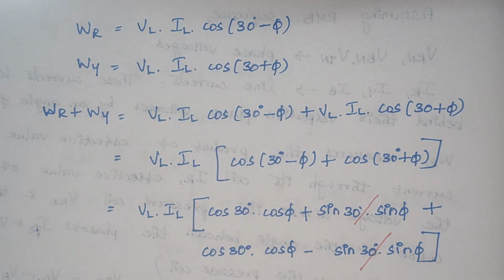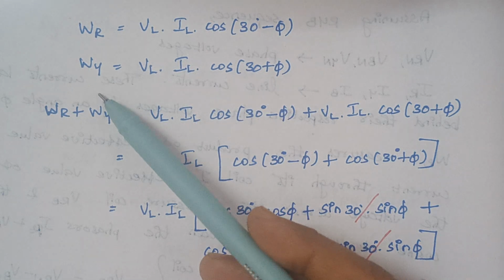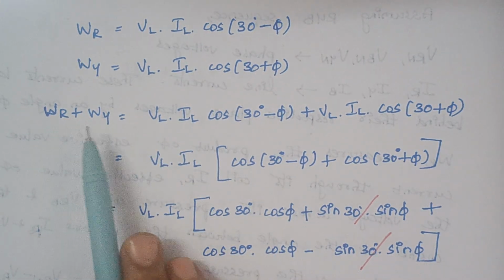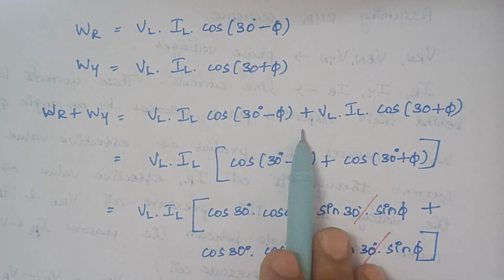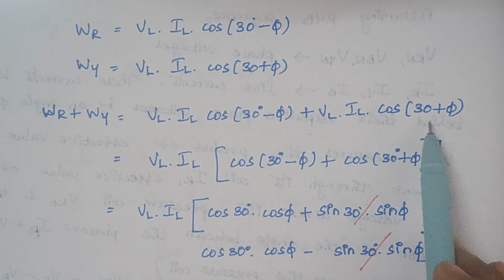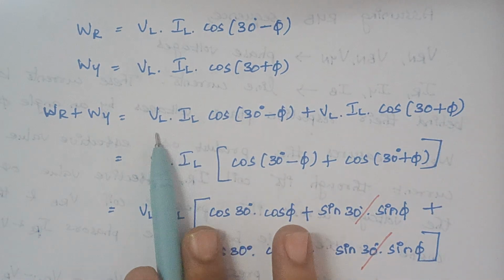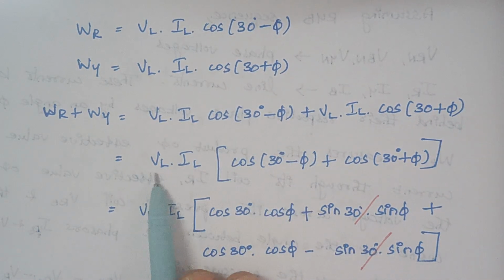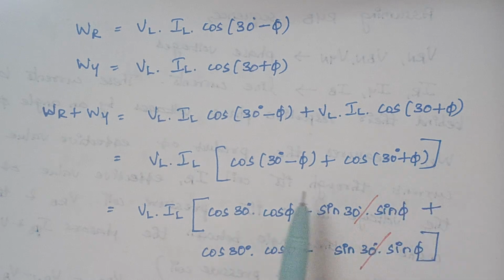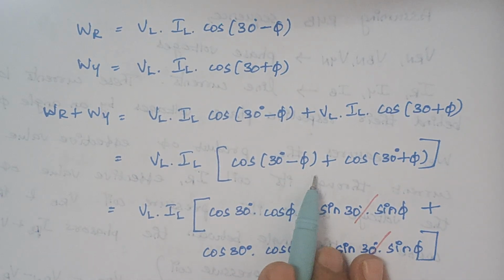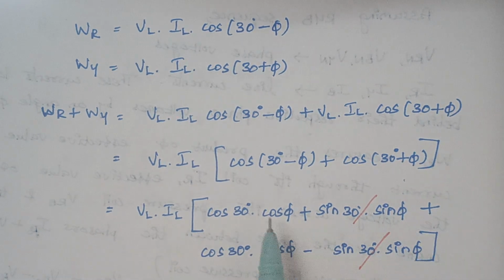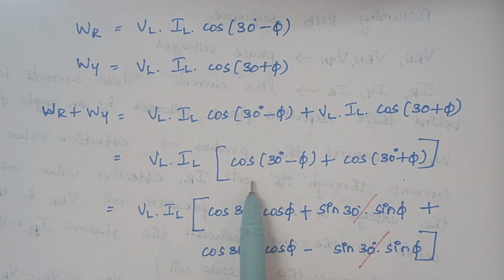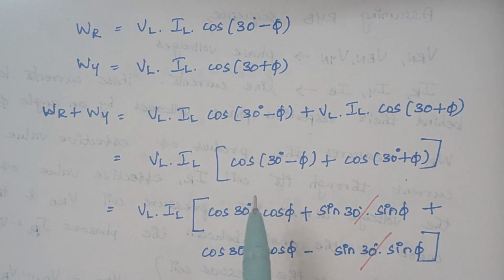Now we are going to add these two values. When you add WR plus WY, we get VLIL cos of 30 minus phi plus VLIL cos of 30 plus phi. Here VLIL is common. When you take VLIL outside, the remaining terms are cos 30 minus phi plus cos 30 plus phi. Again, expand using the cos A minus B and cos A plus B formulas.